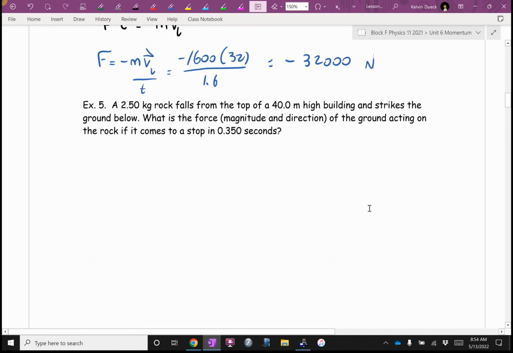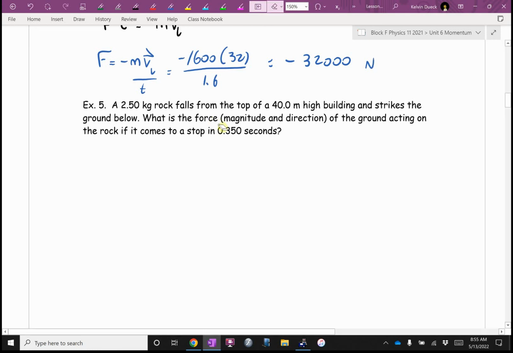Did you learn anything? Good. A rock falls from the top of a 40-meter high building and strikes the ground below. What is the force, magnitude, and direction of the ground acting on the rock if it comes to a stop in 0.350 seconds? You know, this looks really similar to the question we just did.